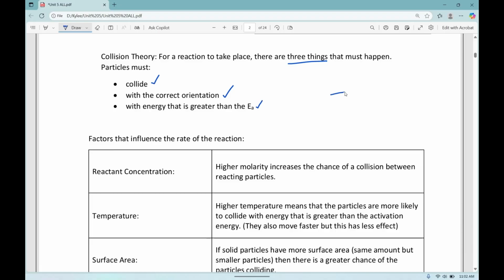And when we talk about orientation, we're talking about how the reactants are lined up with each other. So are they interacting this way? Or is the oxygen coming from this side? That actually matters when we talk about the mechanism that these reactions undergo. And so that's what we mean when we talk about, are the particles oriented correctly? Are the parts colliding that need to collide?